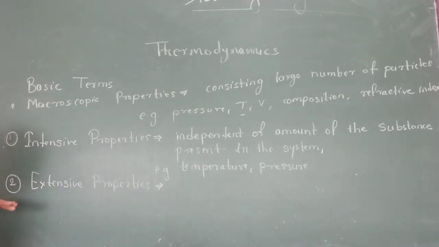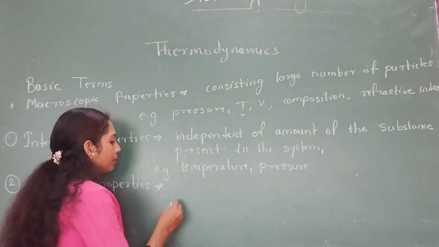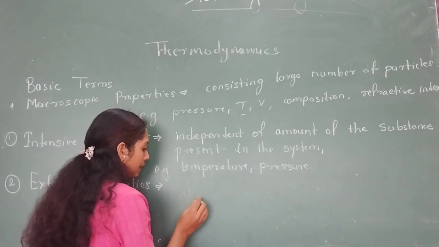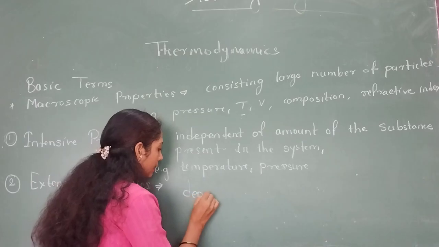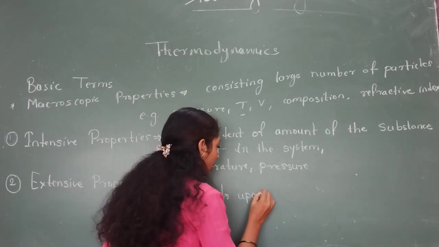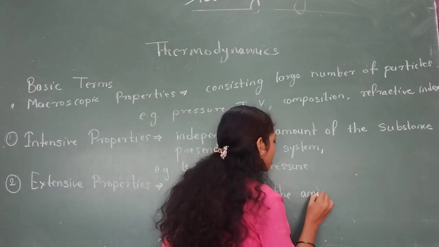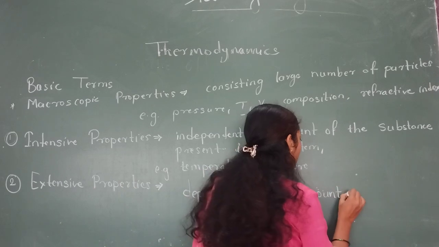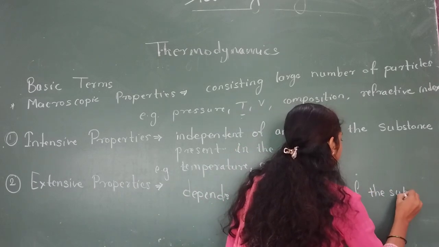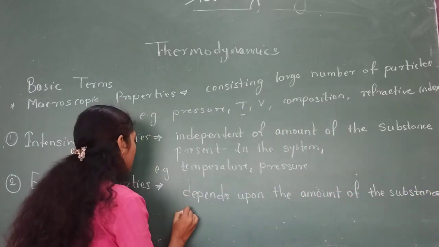The vice versa, the extensive properties. Extensive properties are those which depend upon the amount of substance present in the system.